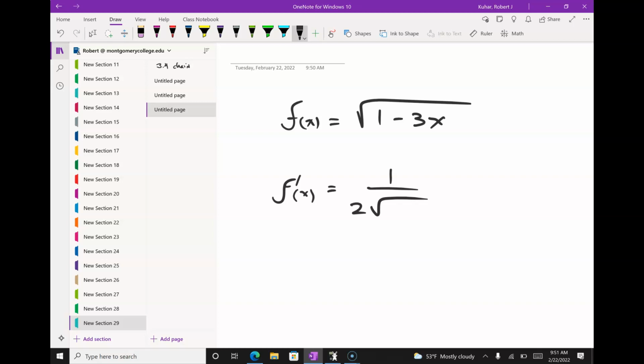So the inside piece is 1 minus 3x, and then I need times the derivative of the inside piece. Outside function derivative, keep what's inside, then multiply that by the derivative of the inside. So I get a final answer of f prime as negative 3 over 2 square roots of 1 minus 3x.